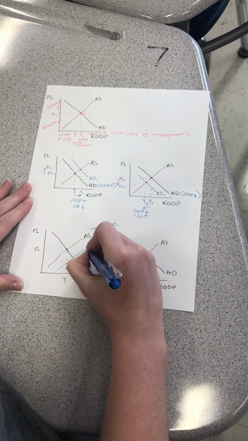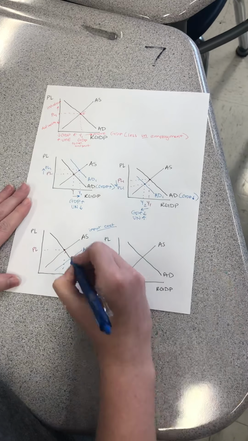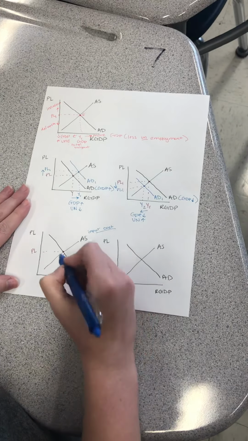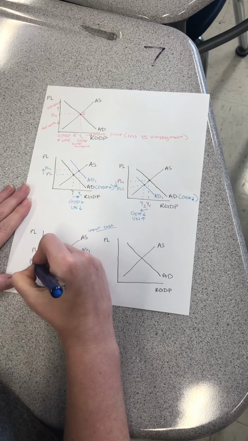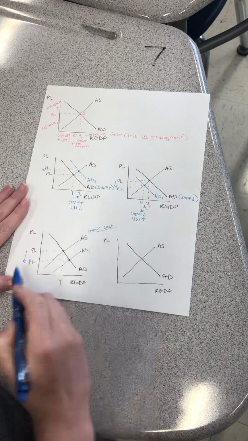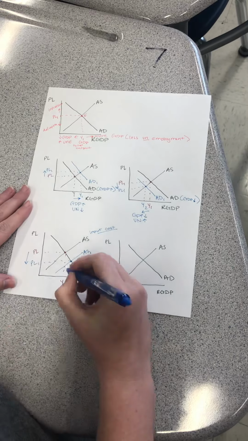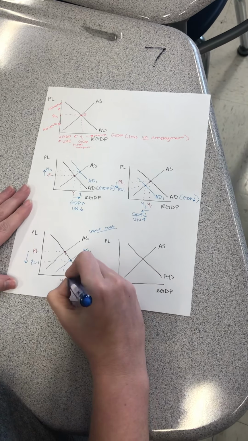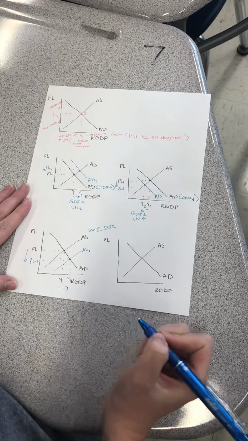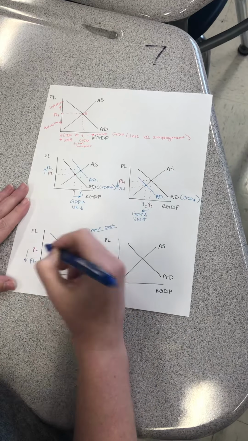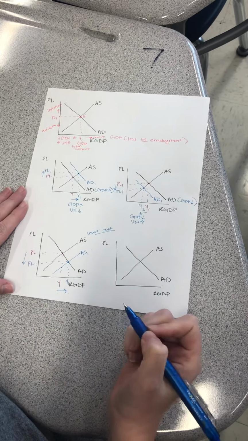Aggregate supply is going to increase. At our new equilibrium, PL1, you can see that price has dropped. At this new equilibrium here, Y1, you can see that output has gone up. So now we have decreased prices with more output.